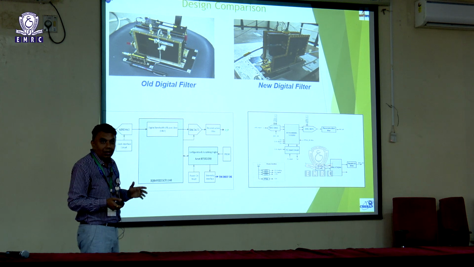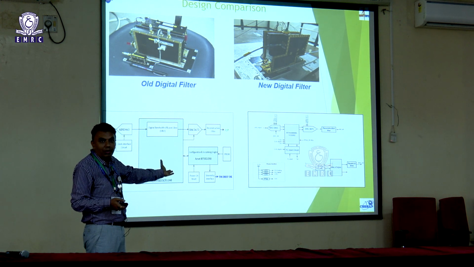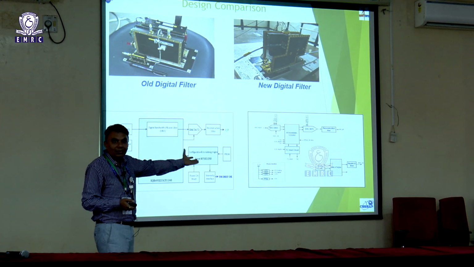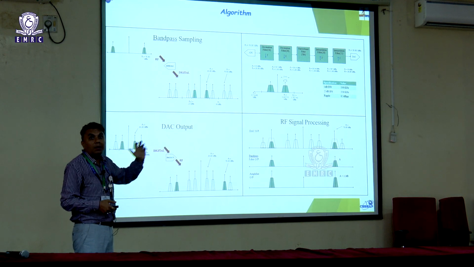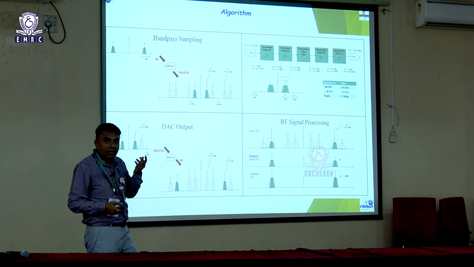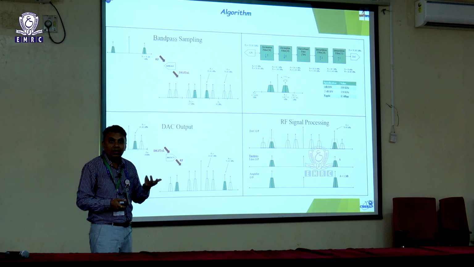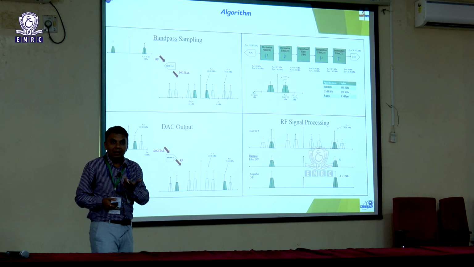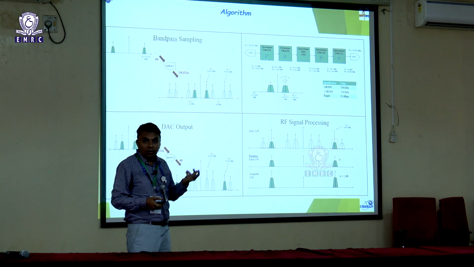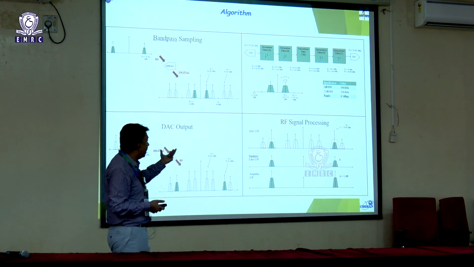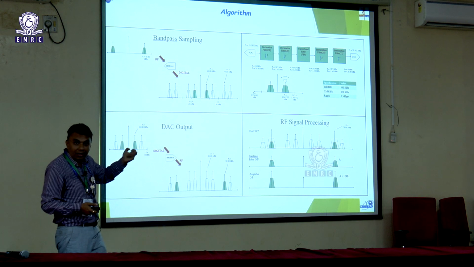But you can ask, sir, how is it possible that your earlier design with Virtex 4 was running at 284 megahertz, and suddenly we are using anti-fuse with 50 megahertz? So we used the Nyquist aliasing approach. You know that once you do ADC sampling, not only the original image will come, some Nyquist images will also come. So we are doing band pass sampling at the ADC end. We do 50 megahertz band pass sampling and try to capture the second or third Nyquist zone image.